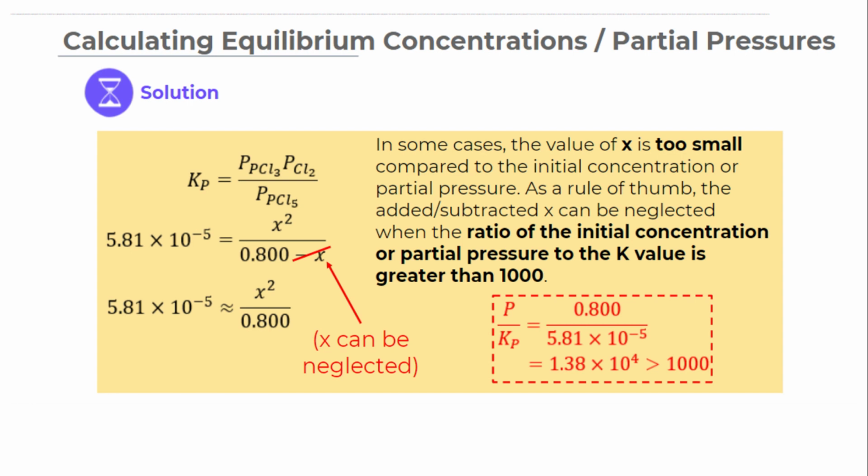For instance, to determine if we can neglect X in the expression 0.800 minus X in the denominator, divide 0.800 by the given Kp. Since the ratio is 1.38 times 10 raised to 4, which is greater than 1000, X can be neglected in the denominator.